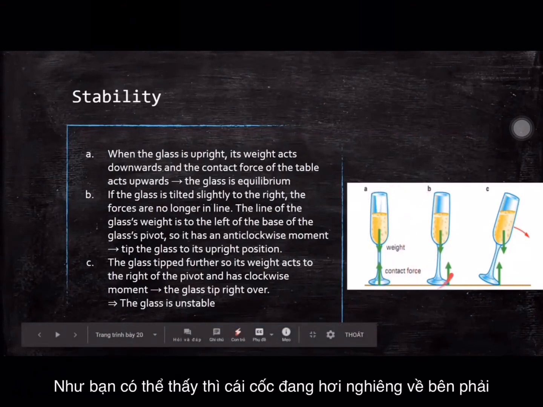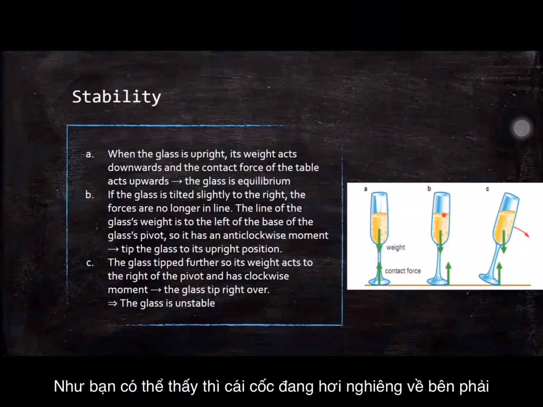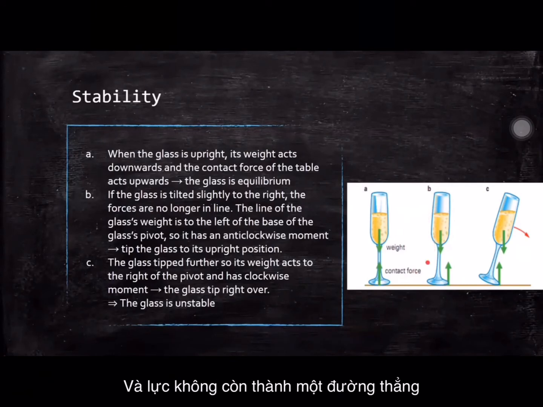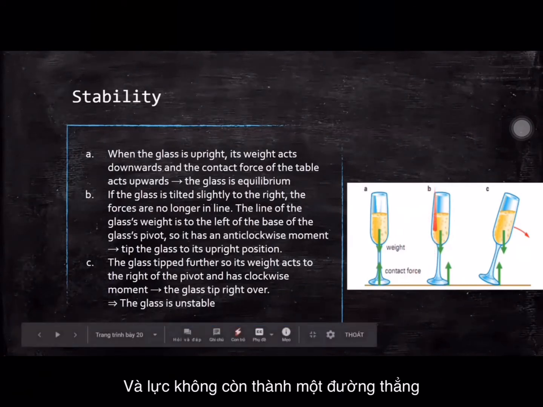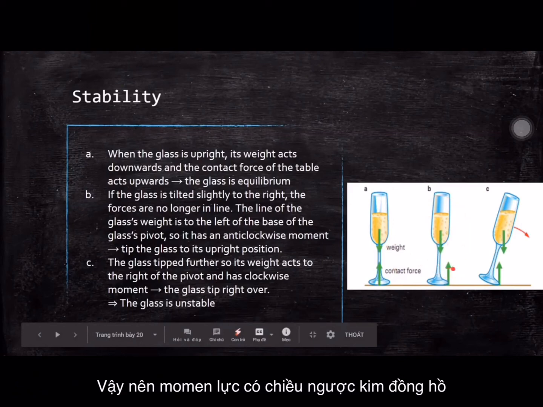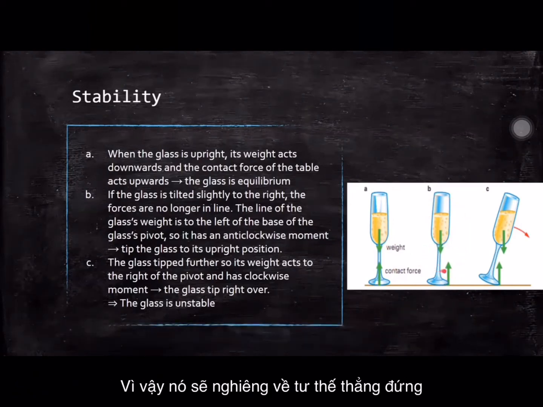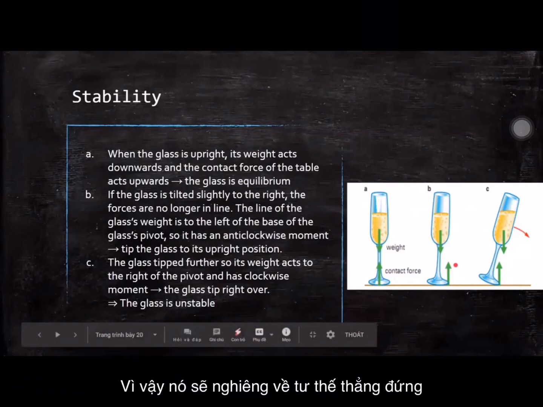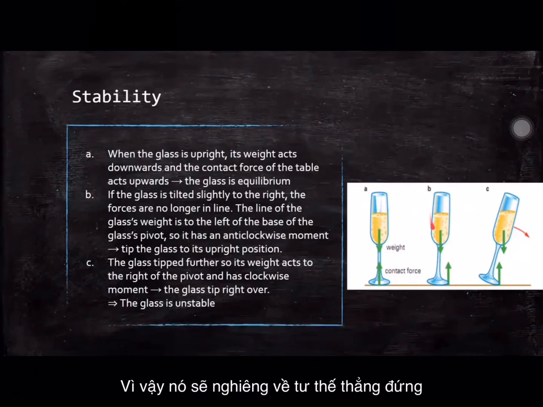As you can see here, the glass is tilted slightly to the right, and the forces are no longer in line. The line of the glass weight is to the left of the base of the glass pivot, so it has an anti-clockwise moment. Therefore, the glass will tip back to its upright position.